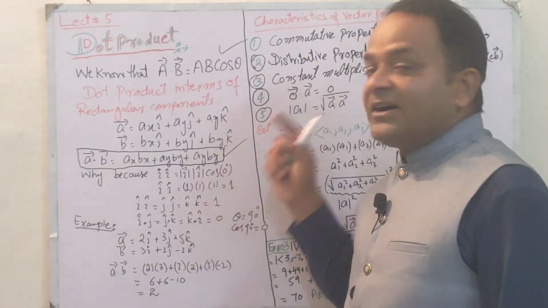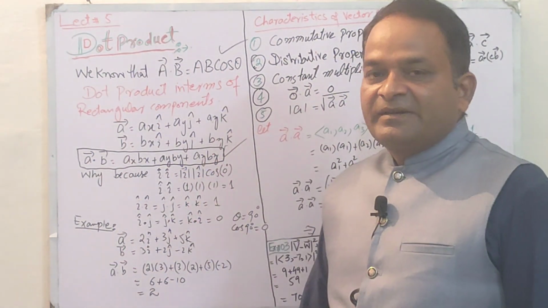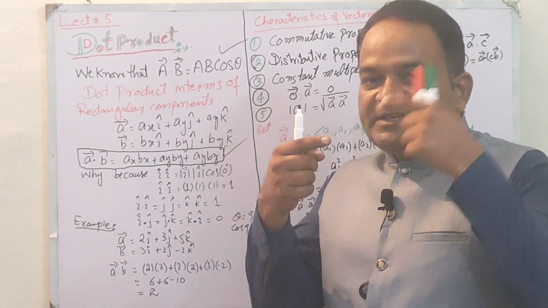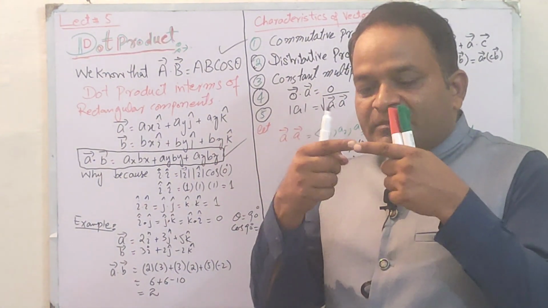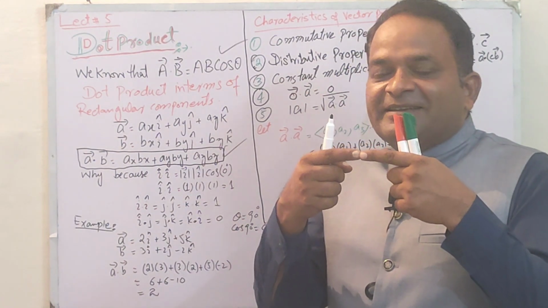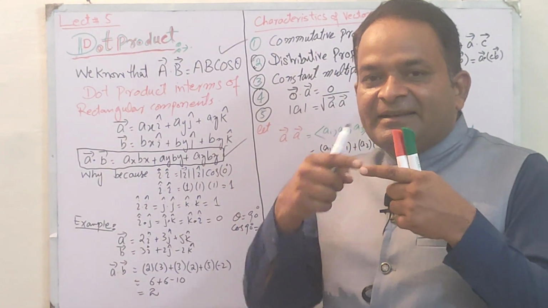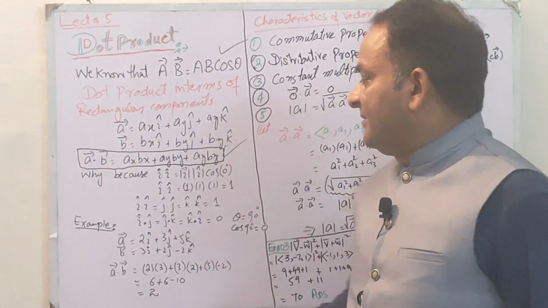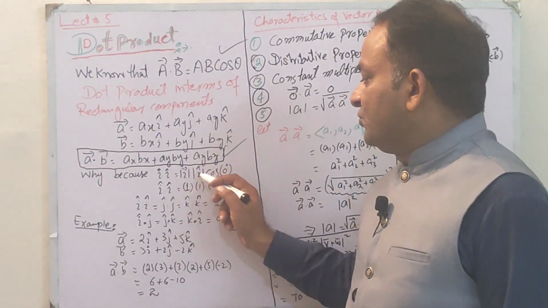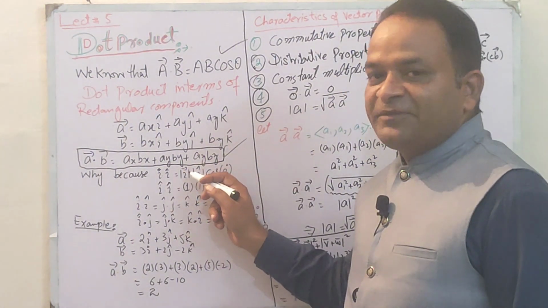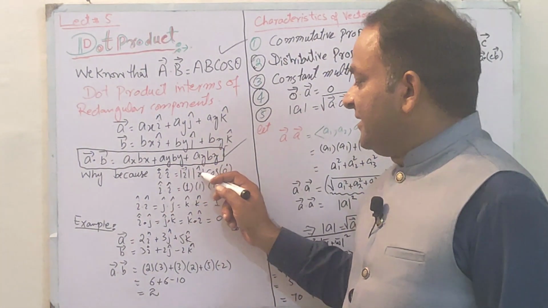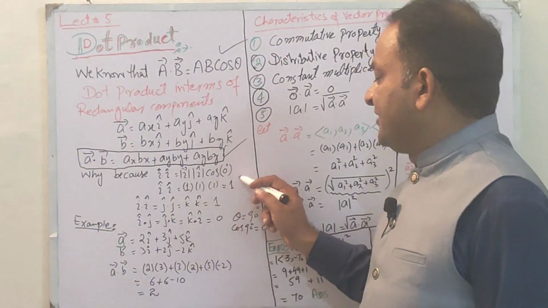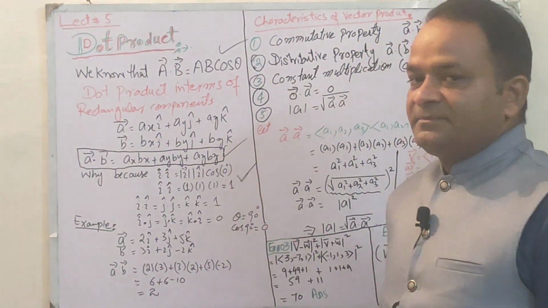If I am taking the dot product of the i unit vector with the i unit vector, they are parallel to each other and create an angle of 0 degrees. So cos 0 is 1. Here the magnitude, we know that in a unit vector, its magnitude is 1, and cos 0 is 1. So i dot i is equal to 1.